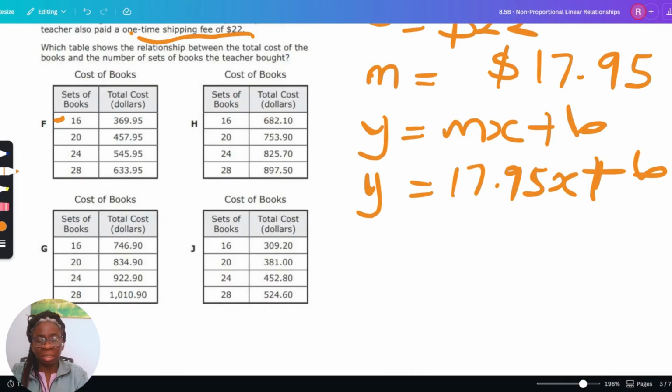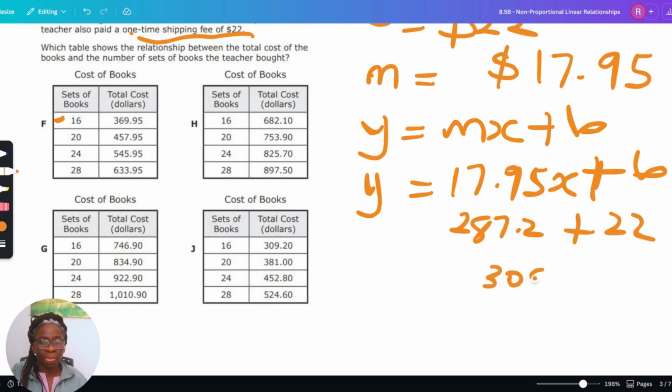When x is 16, let's see what y we get. $17.95 times 16 gives 287.2. Then plus b, which is 22, gives 309.2.